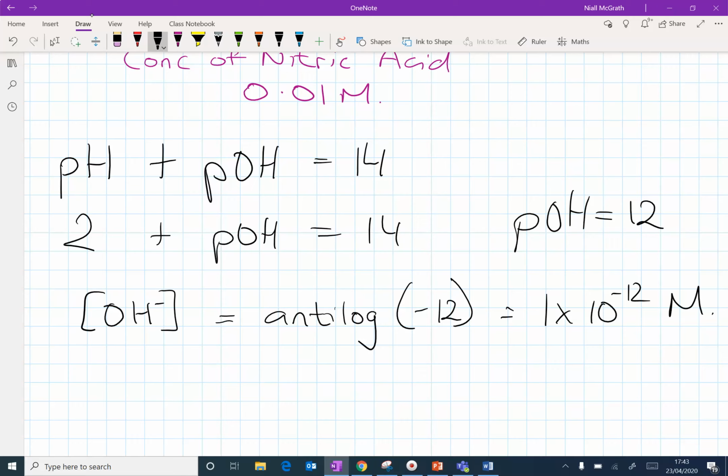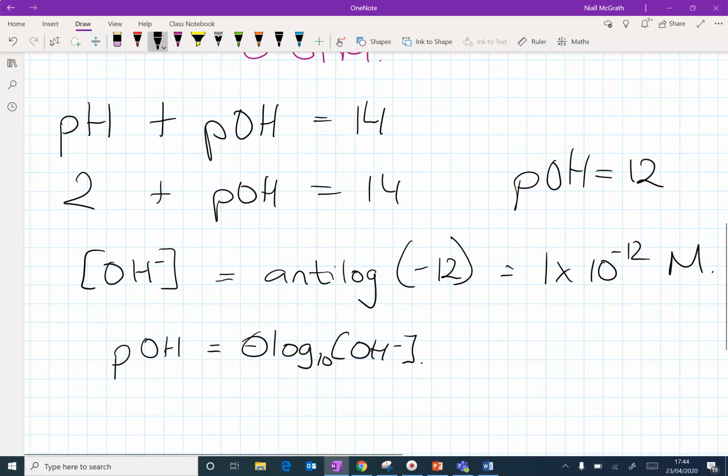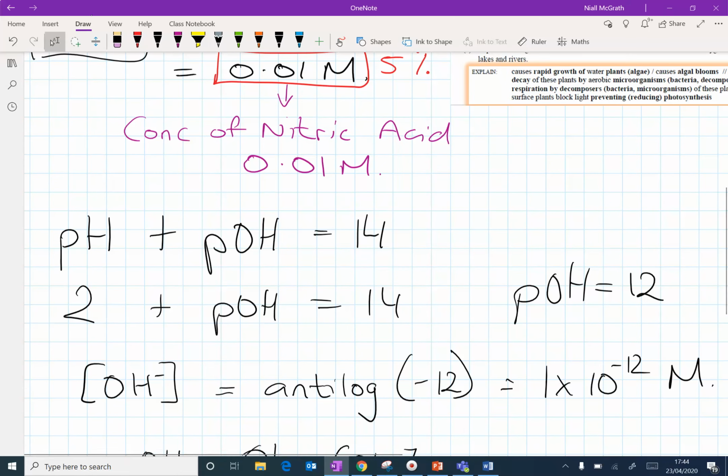This minus is just because if we were finding our pOH, it is minus log to the base 10 of OH minus. So that's where the minus is coming from. And 1 by 10 to the minus 12 molar is our final answer there.